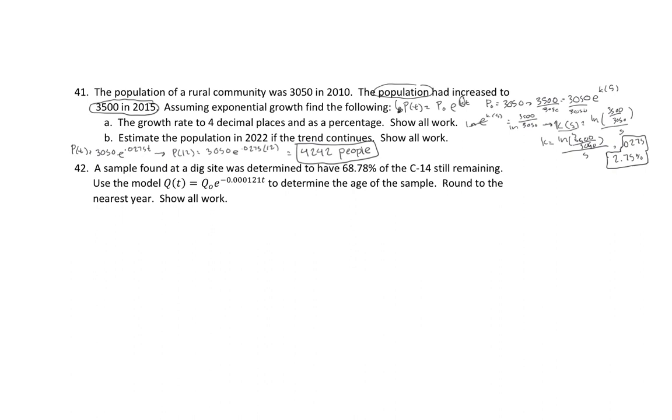In this case, it's helpful if we define our variables. Let's say Q of t equals the quantity of C14 sample after t years.